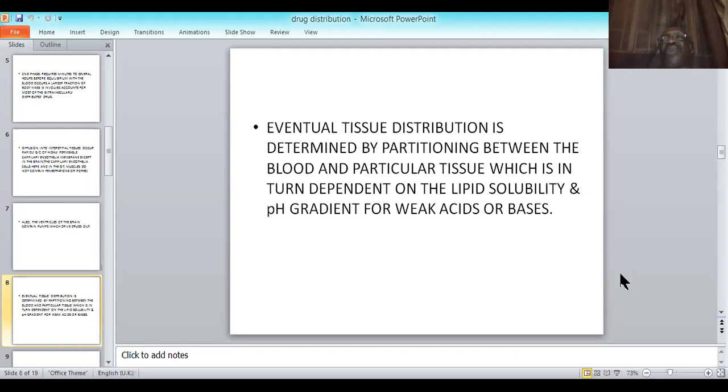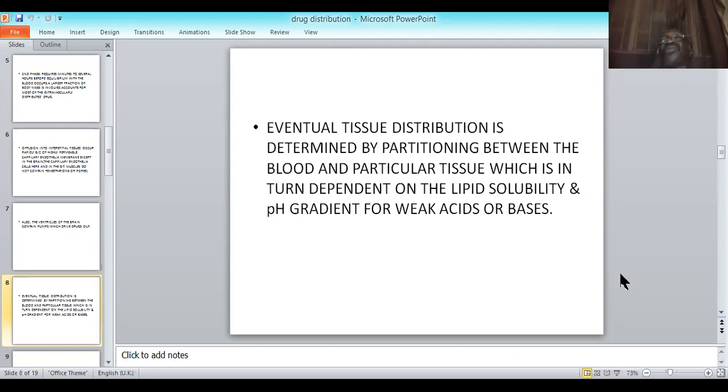And with that more ion trapping, you have more of the drug being trapped in the placental blood and in the fetus. Later on, we'll see what happens with that. So ion trapping will occur.